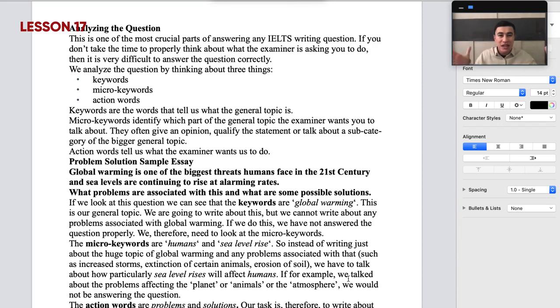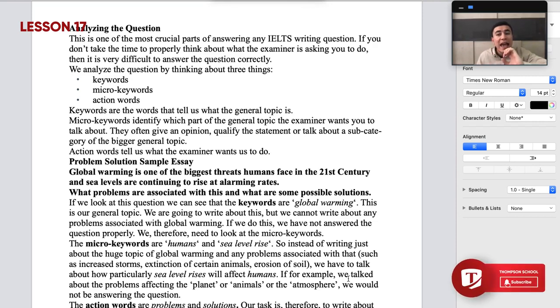You probably imagine situation. So keywords will tell you what is the topic about, but it's going to be very huge and big. So micro keywords will specify which area of this topic you should be focusing on. And of course, action words tell us what the examiner wants us to do. You probably get it, right?